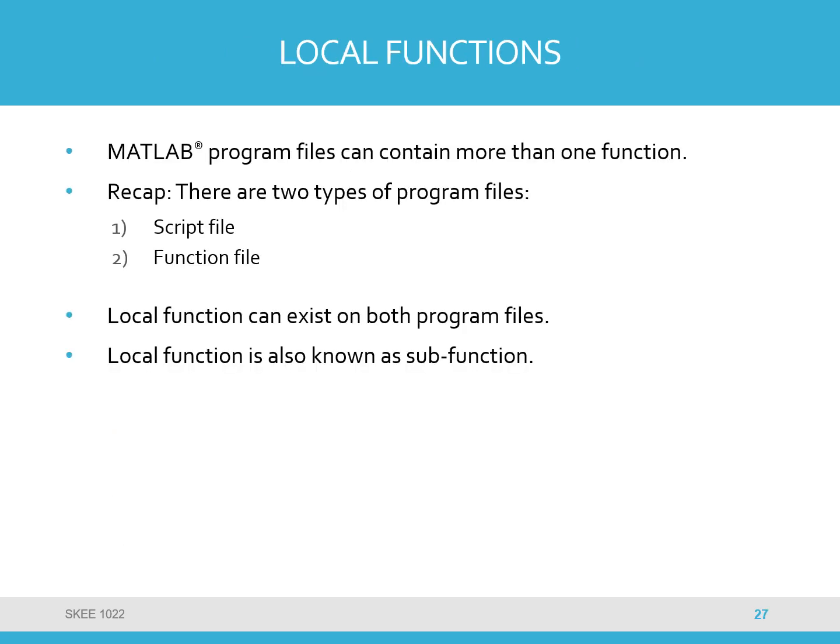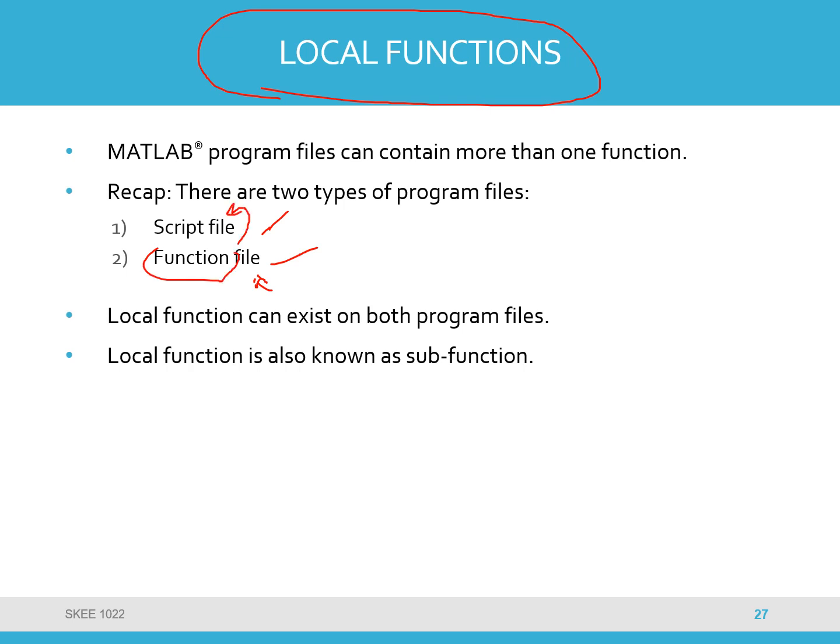Okay, now we move on to the local function. So what is a local function? As you can see before, you have a script file and a function file. Basically the function file is a separate file. But if you use a local function, it means that your function is placed inside the script file.